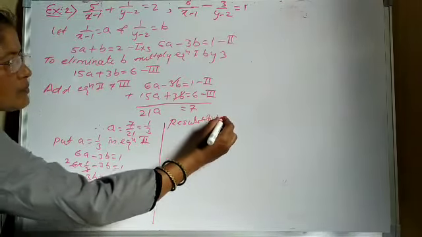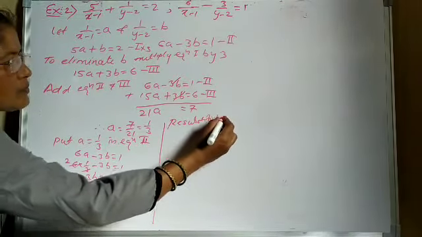Now we are going to subtract, which means all signs are changing here. Second term signs are changing. So 31a minus 27a becomes 4a. Similarly 27 minus 31 is minus 4b, is equal to 89 minus 85, which is 4.